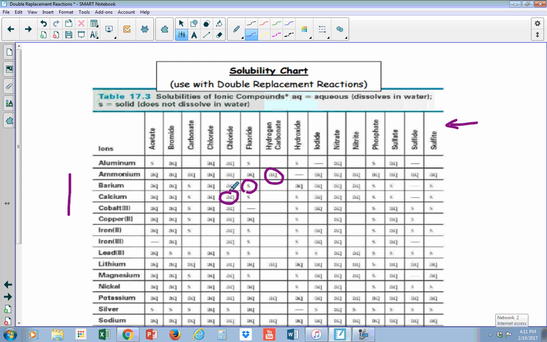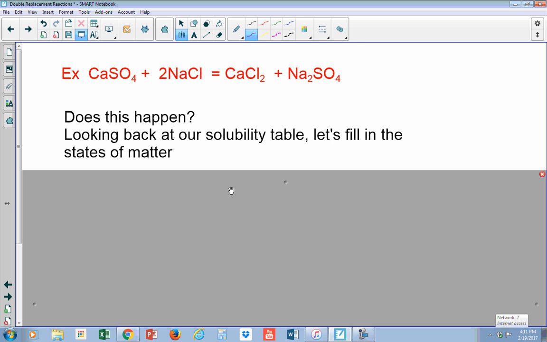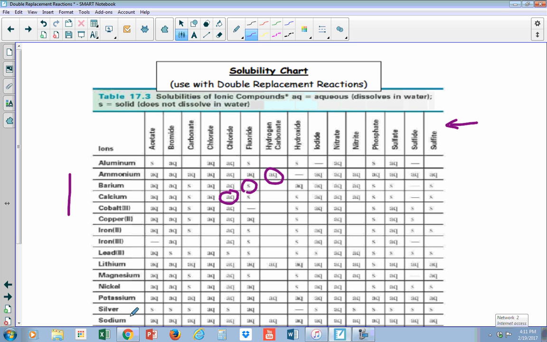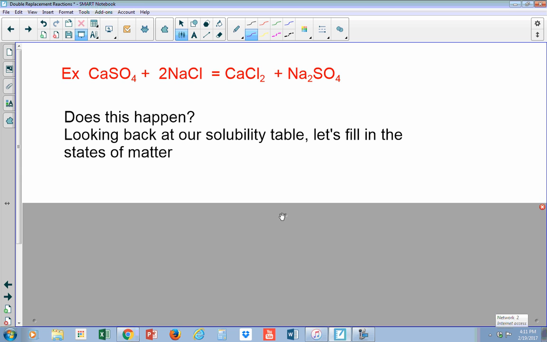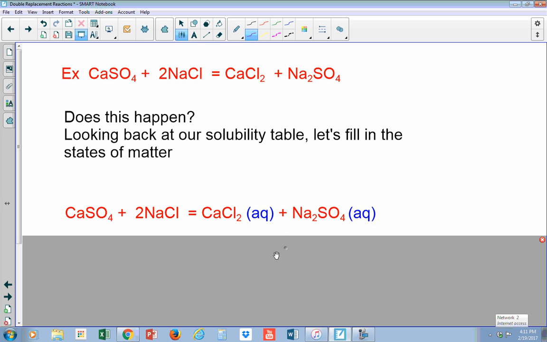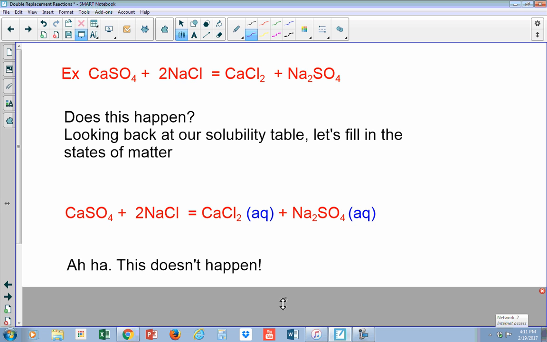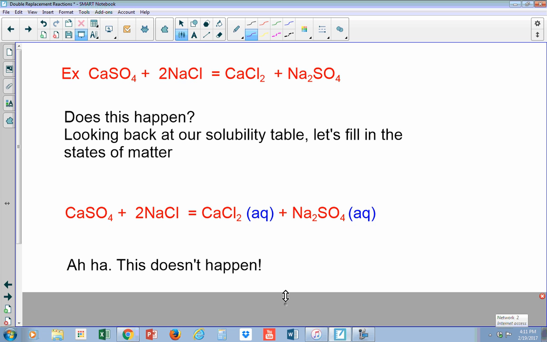Oh, that's aqueous. And who was our other guy? It was sodium sulfate. Sodium is down here, and sulfate is there. Ooh, they're both aqueous. They both dissolve in water. So let's indicate that here. They're both aqueous, and that means the reaction really doesn't take place. Even though I was able to write it, it doesn't take place.